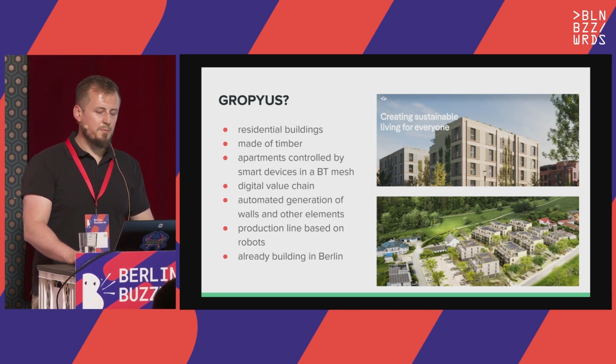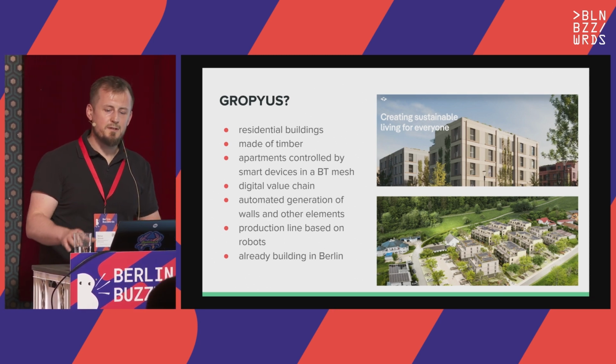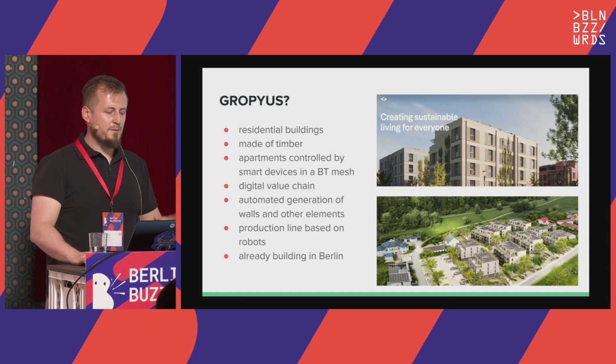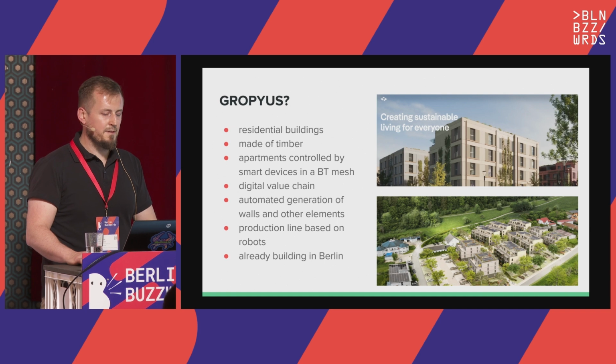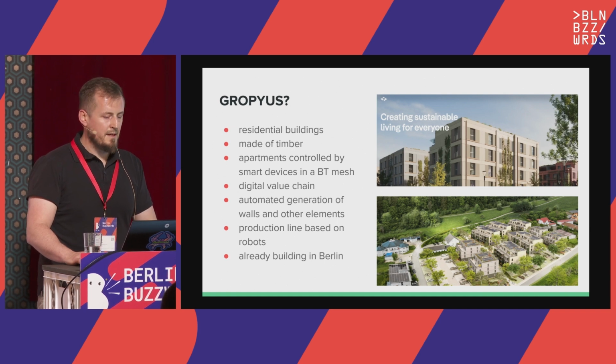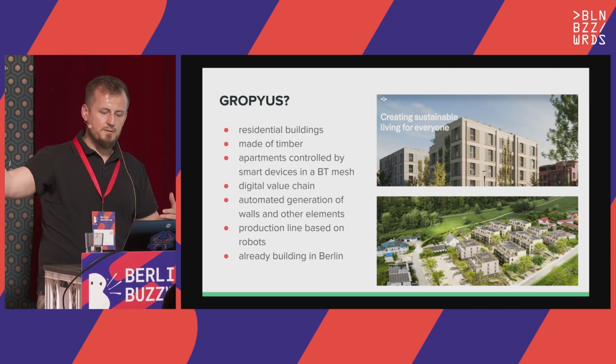So essentially, what Gropius does is we are trying to disrupt how residential buildings are built. They are made of timber. Our apartments are controlled by smart devices in Bluetooth meshes. The entire value chain is digitized from design to construction.